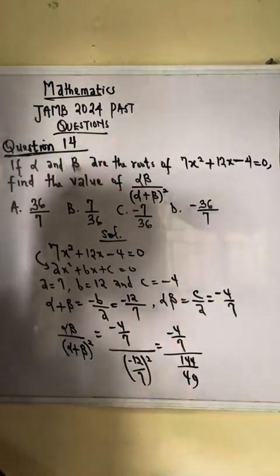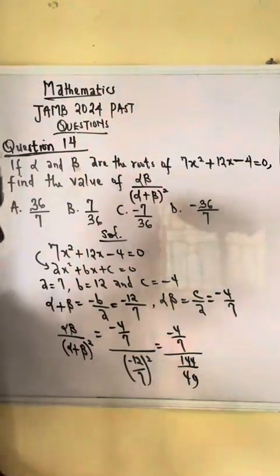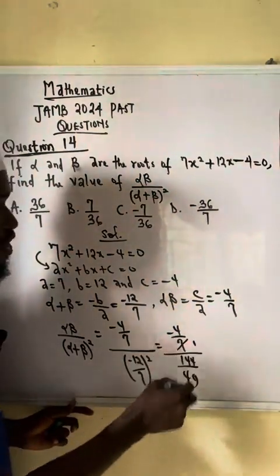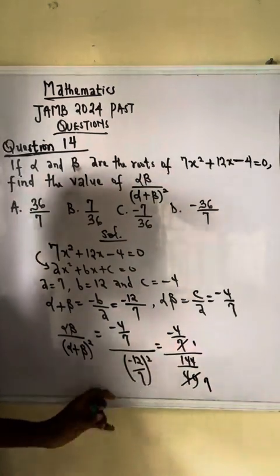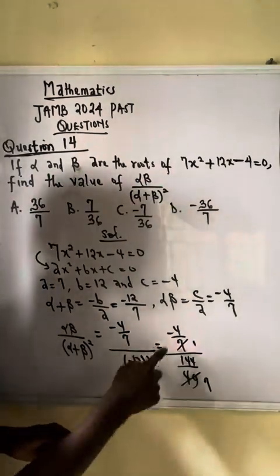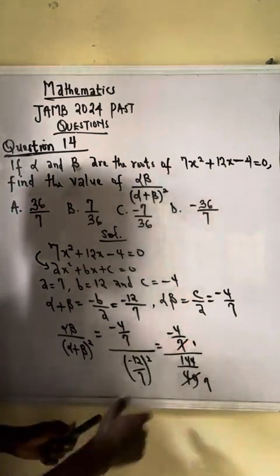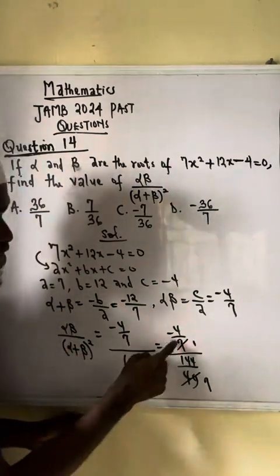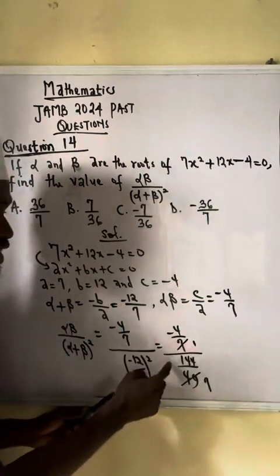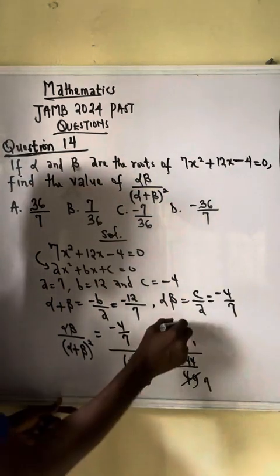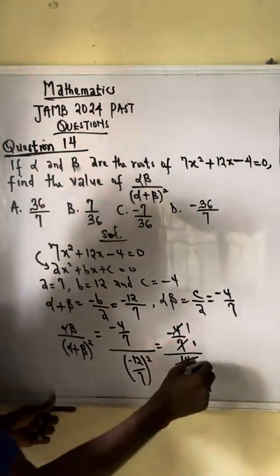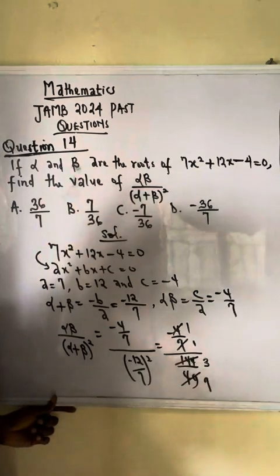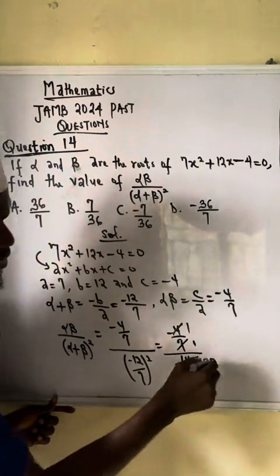Don't stress yourself. If you are faced with something like this, 7 can go here once. 7 can go in 49 7 times. So don't waste your time. Next is that 4 can divide this. So you can correspond them like that. Denominator divides denominator and numerator divides numerator. 4 here 1. 4 in 144, that will give me 38.